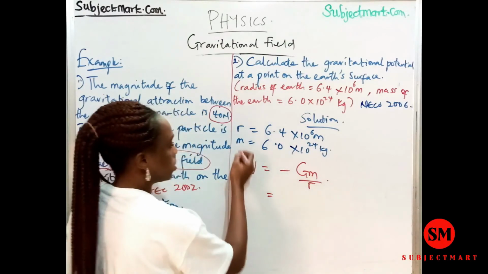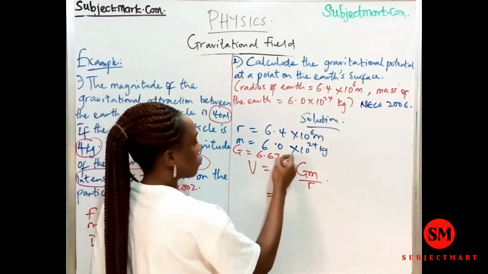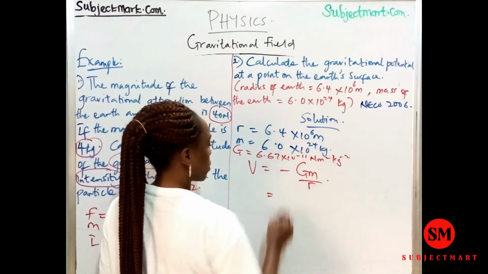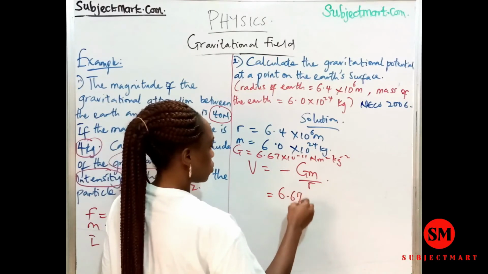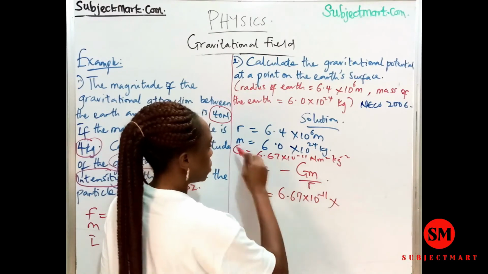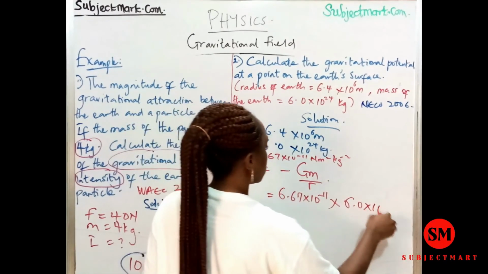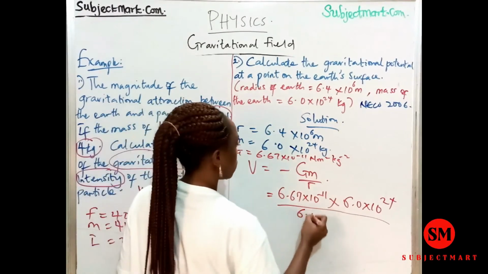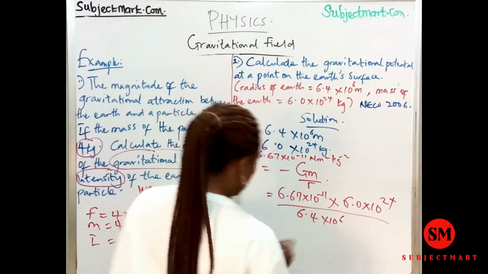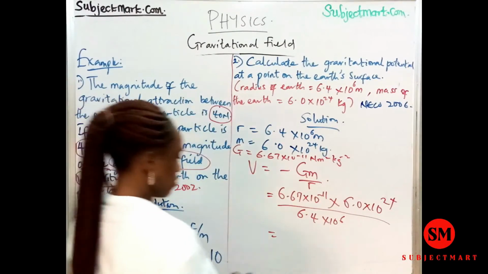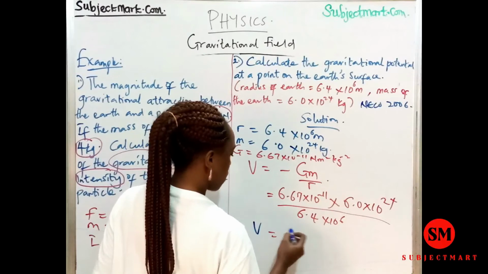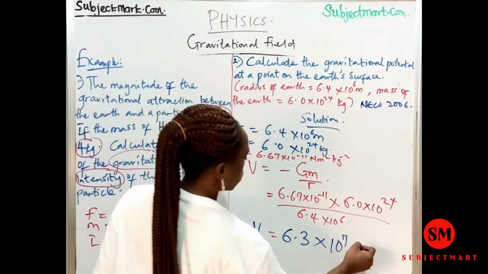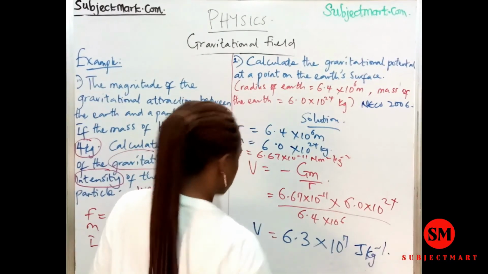And we know that our G is equal to 6.67 times 10 raised to the power minus 11 Newton meters squared per kilogram squared. So I'm just going to put that into the equation. The mass is 6.0 times 10 to the power 24. Our R here is 6.4 times 10 to the power 6. So by the time I multiply this and divide, I'm going to have 6.3 times 10 to the power 7 joule per kilogram.